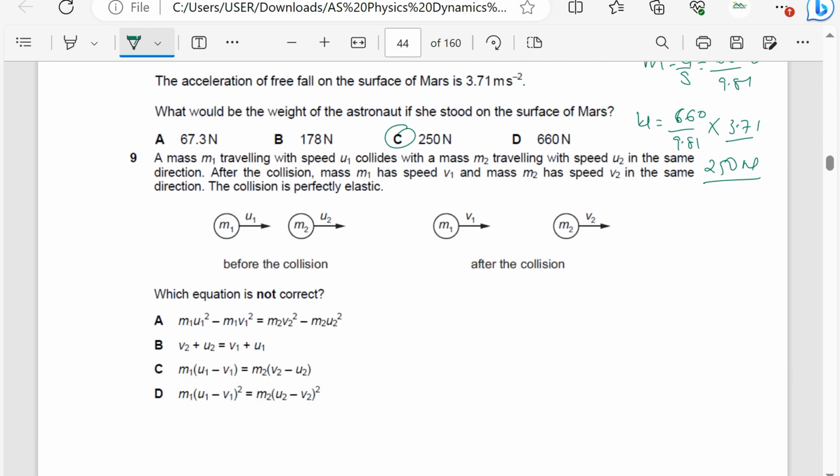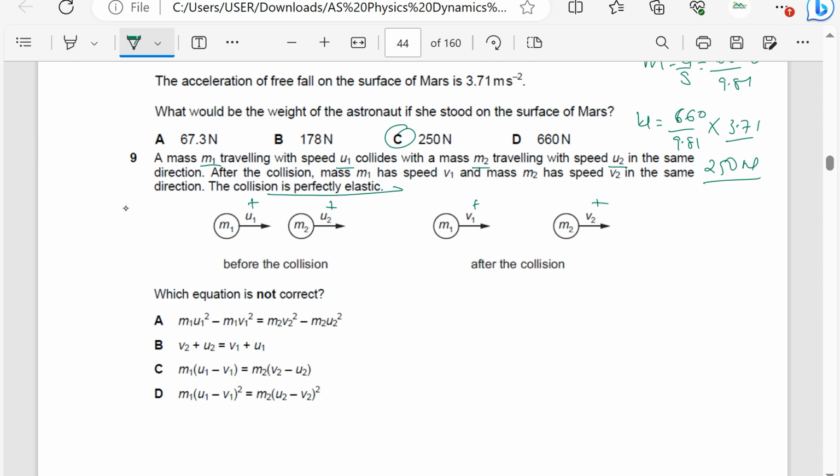Lastly, for part 5, a mass m1 traveling with the speed u1 collides with the mass m2 traveling with speed u2 in the same direction. After the collision, mass m1 has speed v1 and mass m2 has speed v2 in the same direction. The collision is perfectly elastic, so it means relative speed of approach, which is velocities to the right positive, velocity to the left negative.